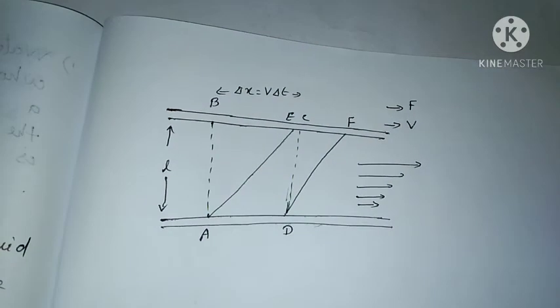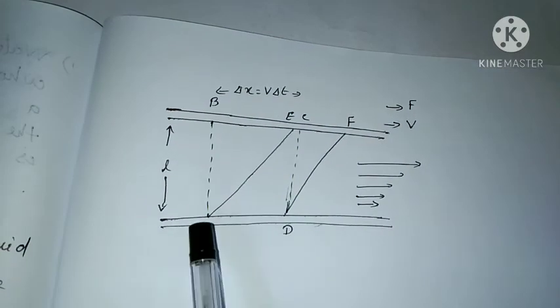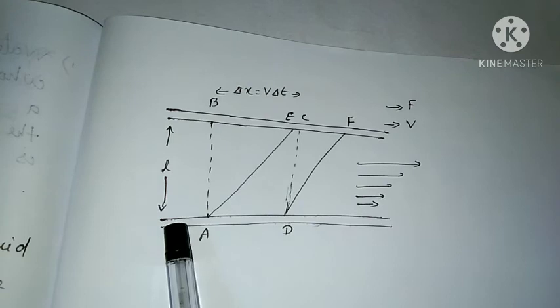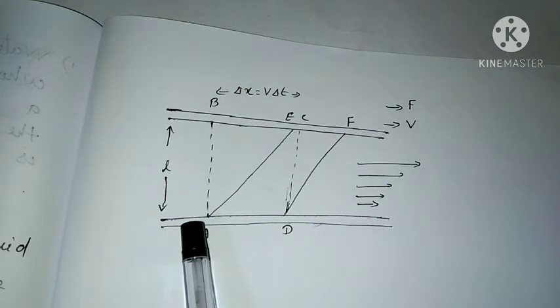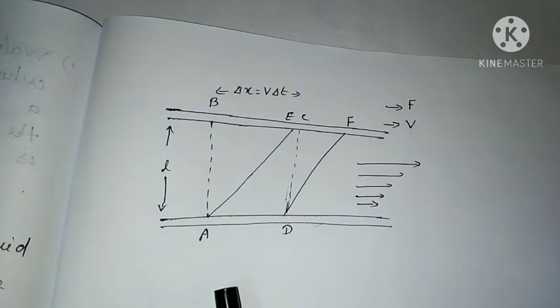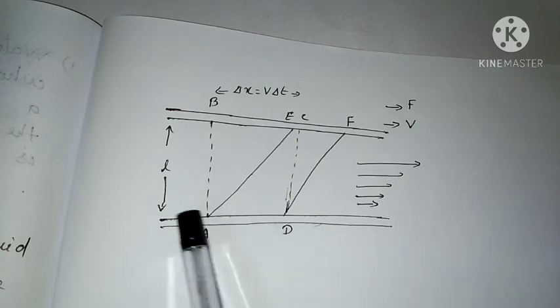Another point: the fluid in contact with a surface has the same velocity as that of the surface. So, the layer of the liquid in contact with a fixed surface is stationary. The velocity of the layers increases uniformly from bottom to top.